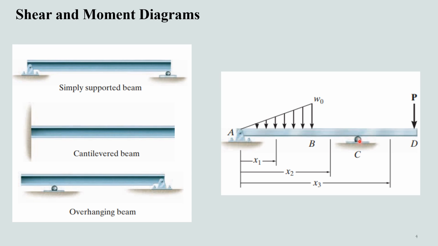Then from C to D, again we are having an applied support here, so the shear at this point will change, and the bending moment will vary along the whole length of the beam. Why will this happen and how can we determine these things? We will discuss all these points in the upcoming slides.